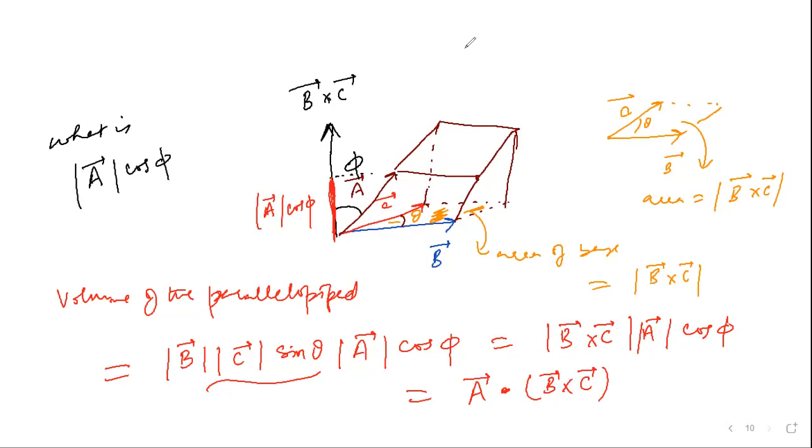Now since phi can be greater than 90 degrees, that will make this dot product negative. So it is appropriate to say that the volume of the parallelepiped is the modulus of this, in order to eliminate that negative.